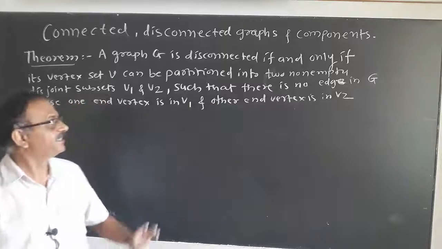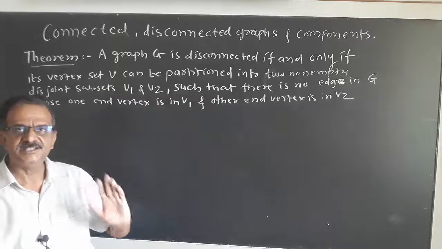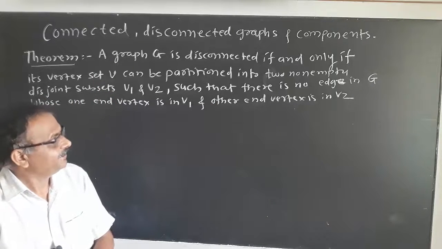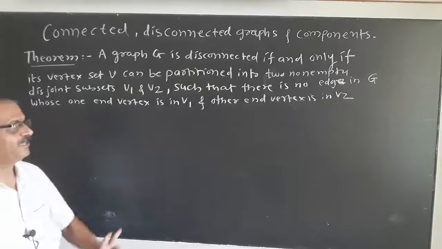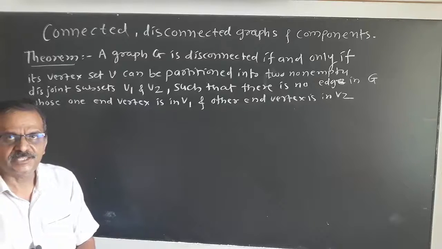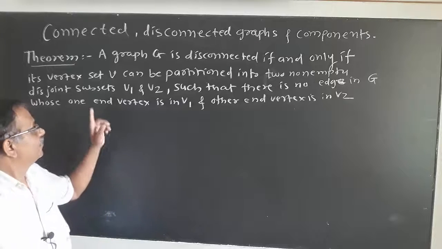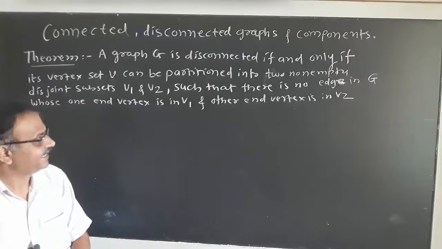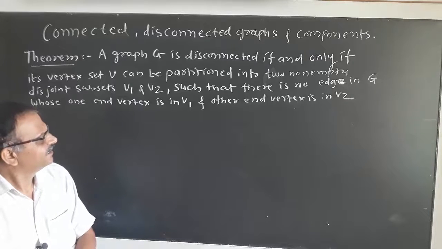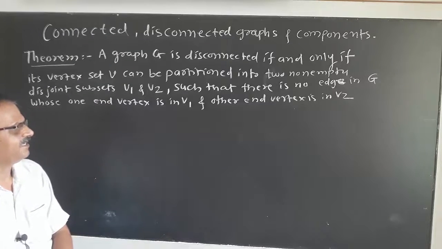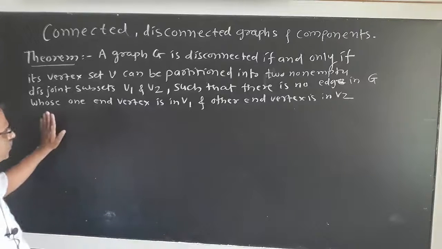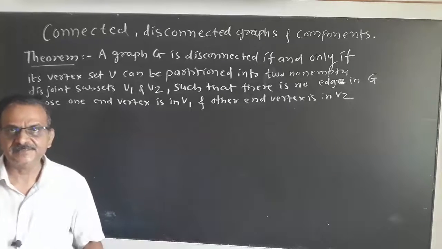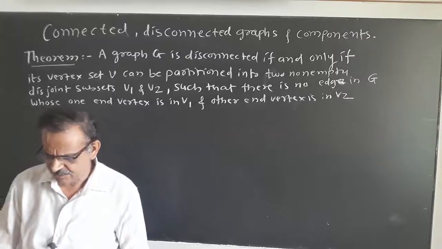We have to prove this theorem. A graph G is said to be disconnected if and only if its vertex set V can be partitioned into two non-empty subsets V1 and V2 such that there is no edge in G whose one end vertex is in V1 and other end vertex is in V2.